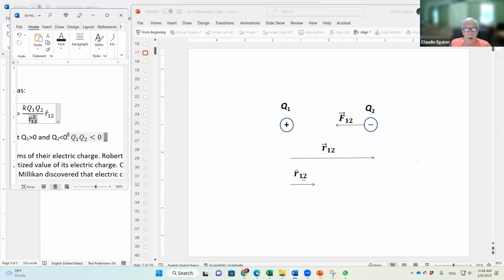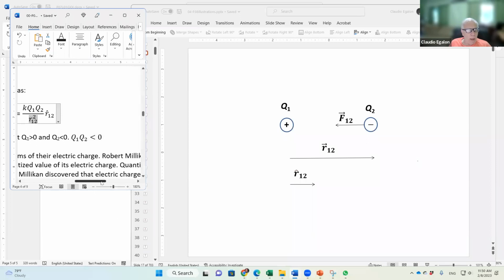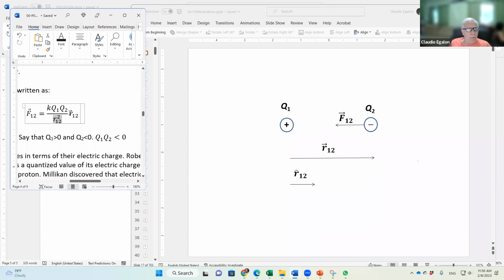Okay. R12 is from the left to the right, going from charge number 1 to charge number 2. What you see here is the unit vector. Because Q1 times Q2 is negative, F12 must point in the opposite direction of R12 hat. Make sense? Okay.